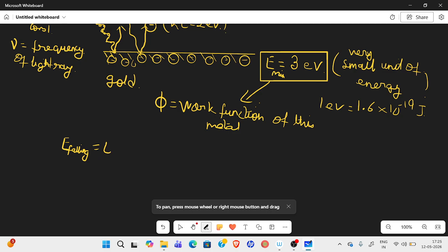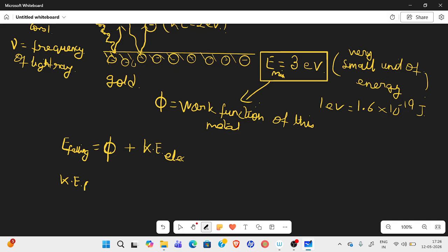First, it goes into the work function, plus the kinetic energy of the coming out electrons. And these are called photoelectrons.